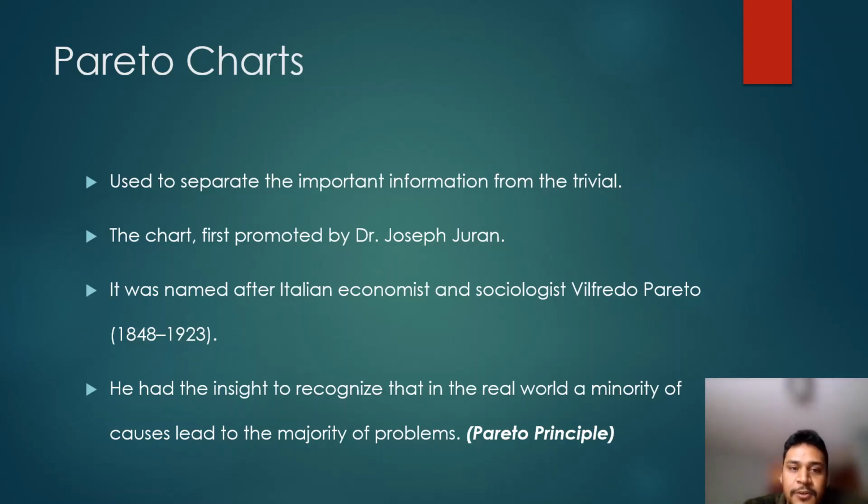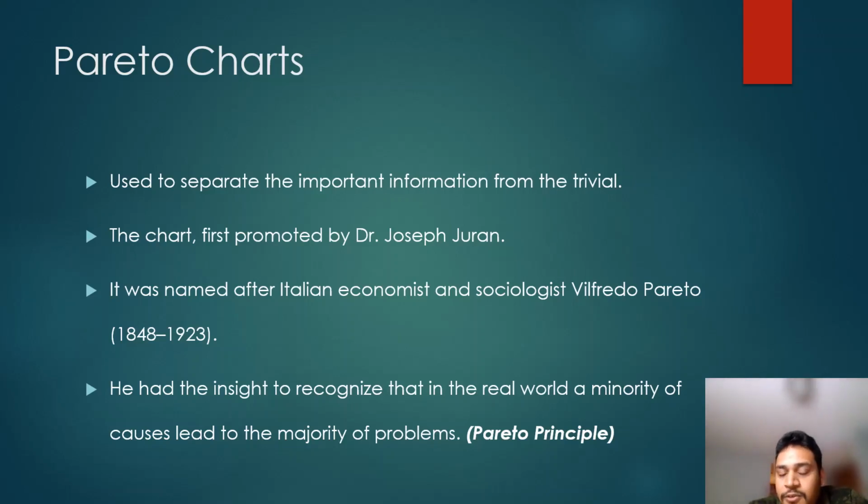He had the insight to recognize that in the real world a minority of causes lead to the majority of the problems, and the Pareto principle will usually hold. For example, only about 20% of defect types will produce 80% of the product defects.